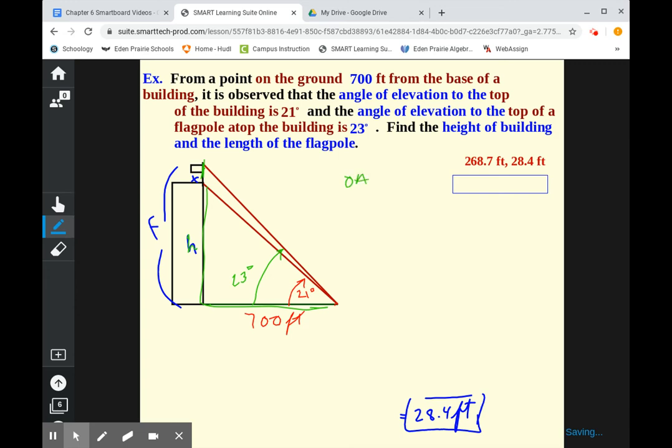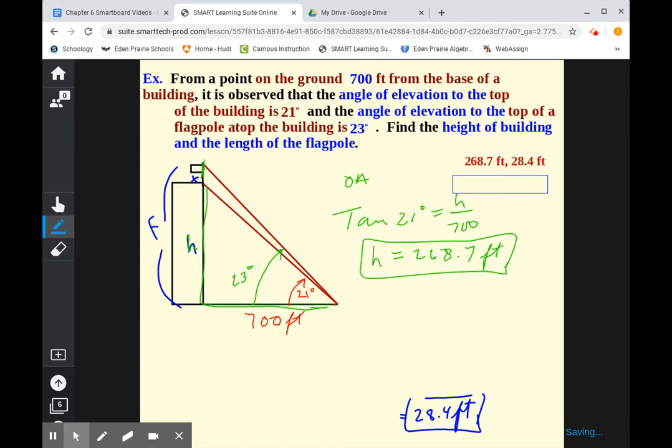That's tangent. So tangent of 21 degrees equals the opposite, H, over the adjacent, 700. If I solve that for H, I will get H to be 268.7 feet. Make sure your calculator is in degrees.